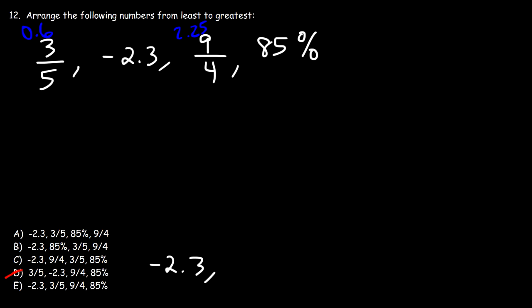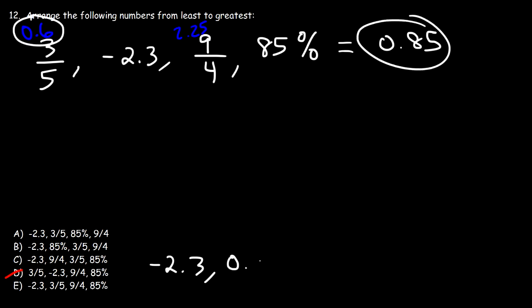Now what about 85%? To convert a percentage into a decimal, move the decimal 2 units to the left. Divide 85% by 100. So that's the same as 0.85. Now 0.6 is less than 0.85. So that's going to be the next number in the list. So that's basically the same as 3 over 5.